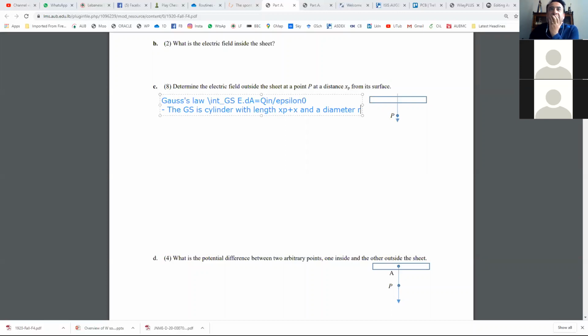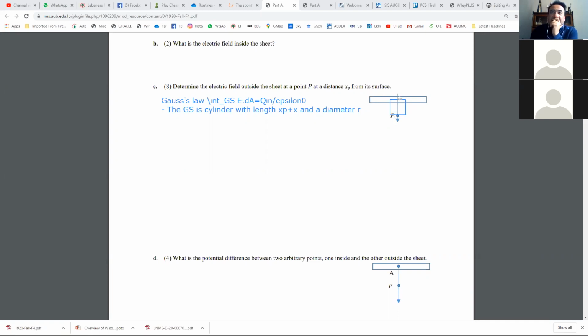So now if I draw something, that would be my Gaussian surface. It passes through P, where I want to calculate the field.